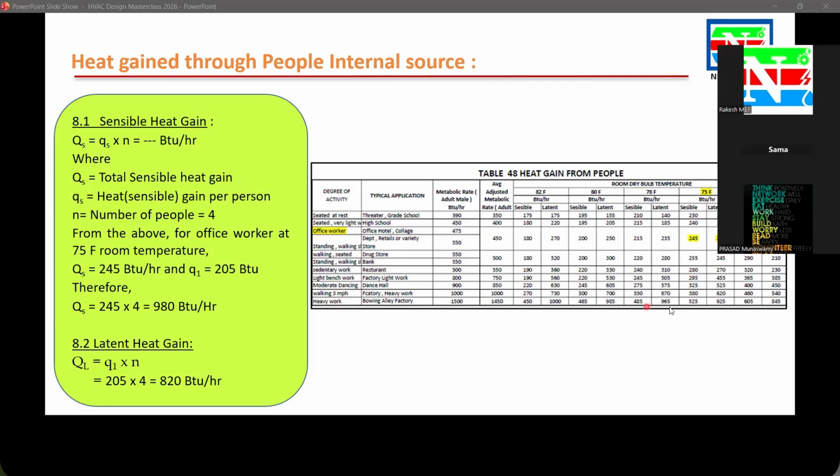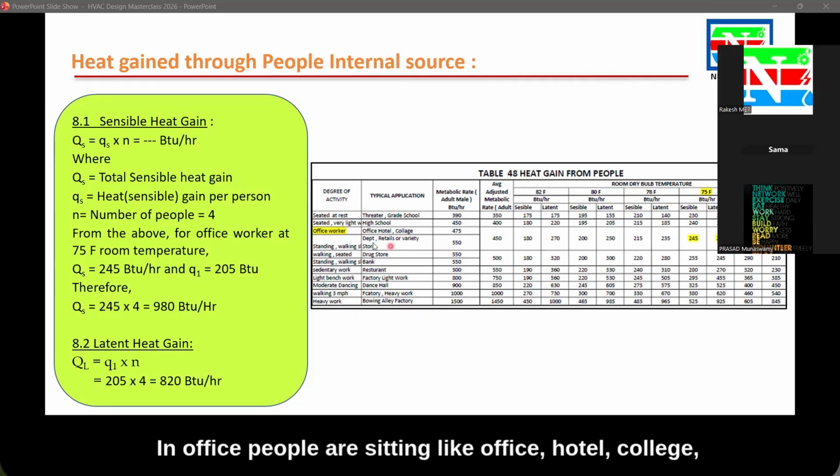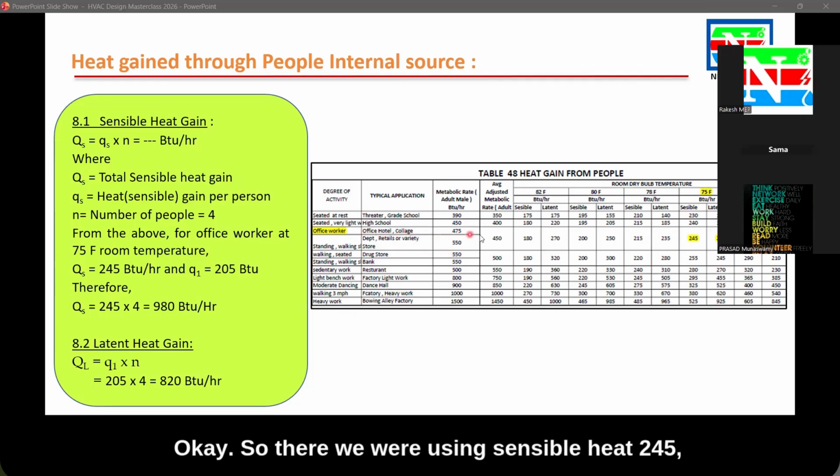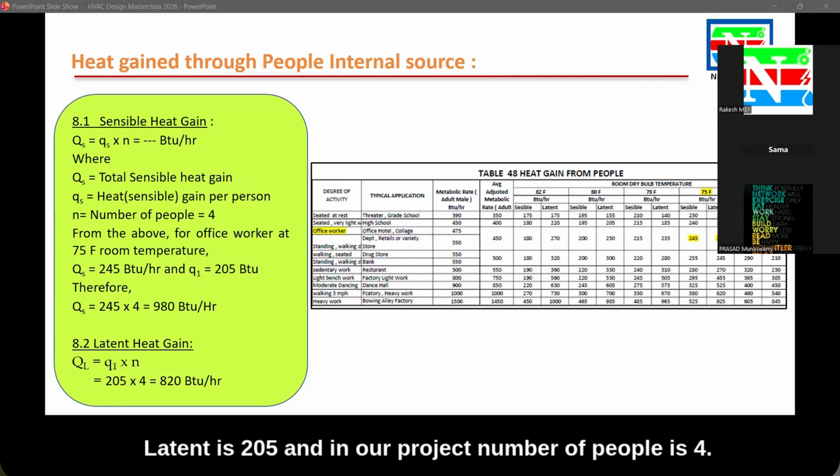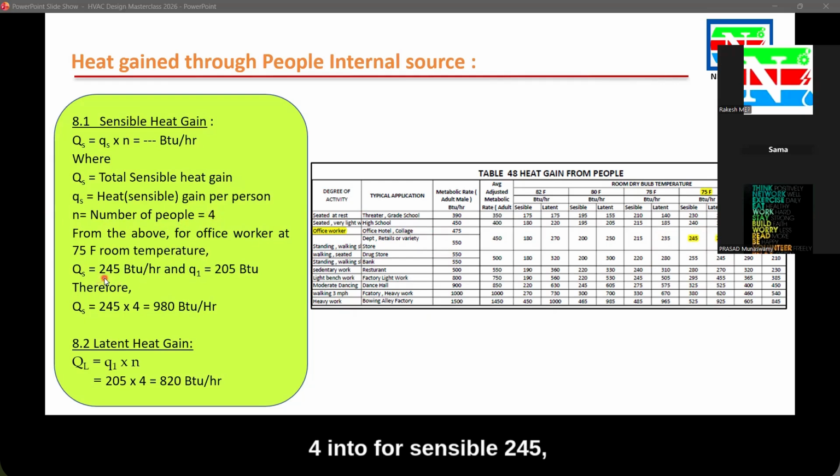For heavy work, the sensible heat is 525, latent heat is 925. For office, hotel, college, where people are sitting and doing work, we use sensible heat 245, latent heat 205. In our project, the number of people is 4, so 4 into 245 for sensible, and 4 into 205 for latent.